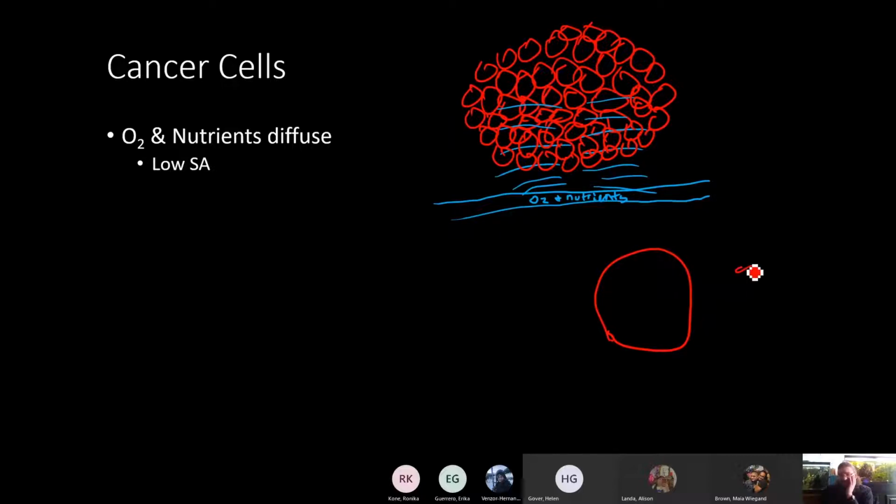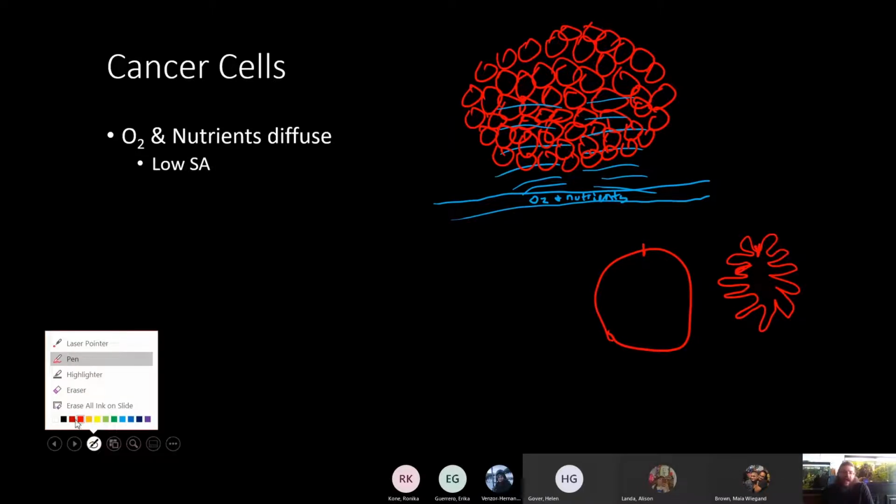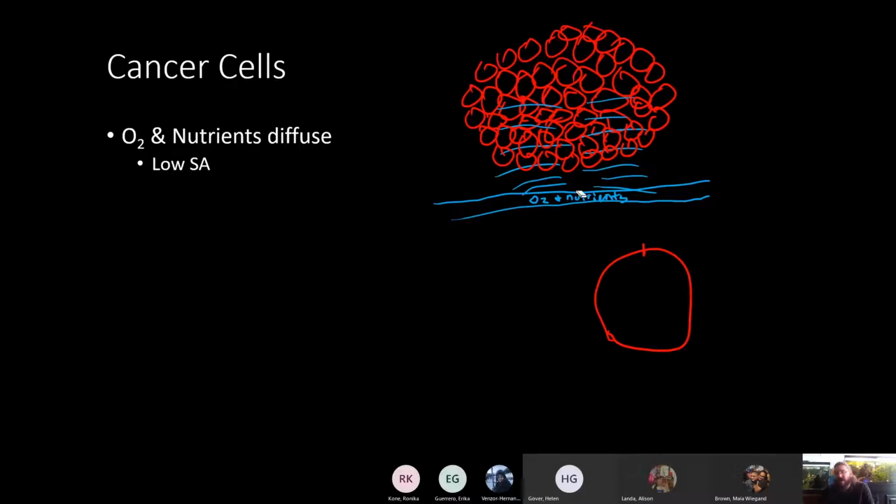Folds give you surface area. I think I've talked about this before, but if you imagine these were pieces of string and you cut this one and you cut this one and you pull them apart, the amount of surface area on the round shape is way lower than the surface area of the folded shape. So, tumor, having basically a round shape, has very low surface area. So, basically, diffusion has diminishing returns. It can only get so far.